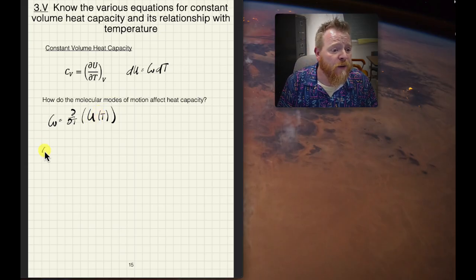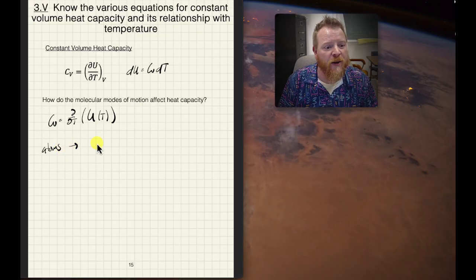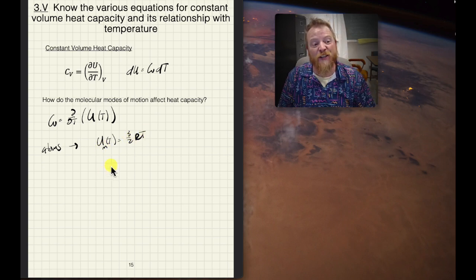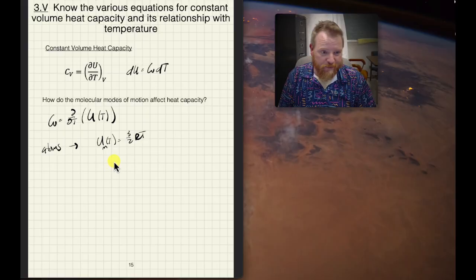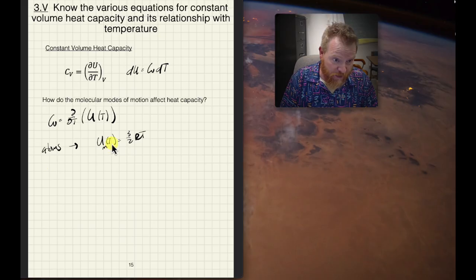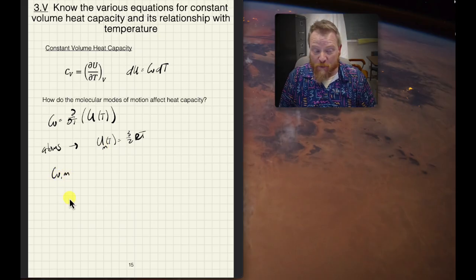And notably, for atoms, or really monoatomic gases, we know that U of T was equal to 3/2 RT. And now let's be specific. So now if we want to take that derivative, we have to make this CVM.